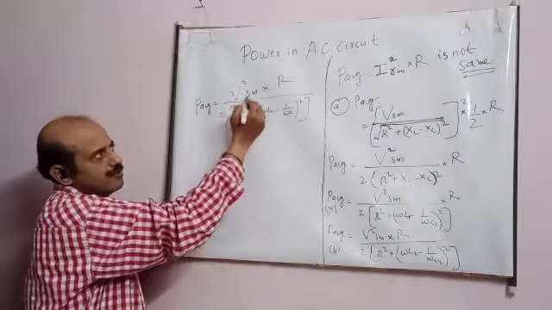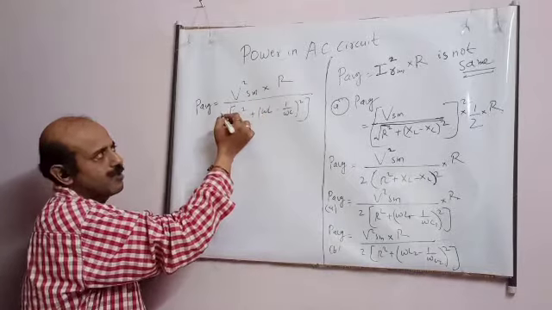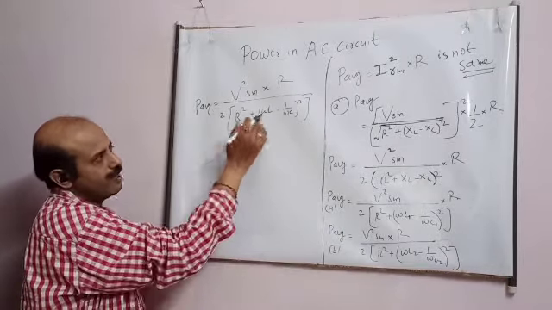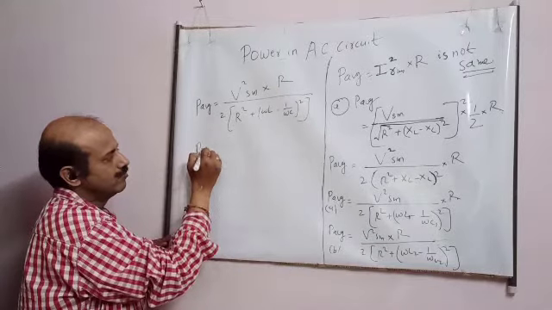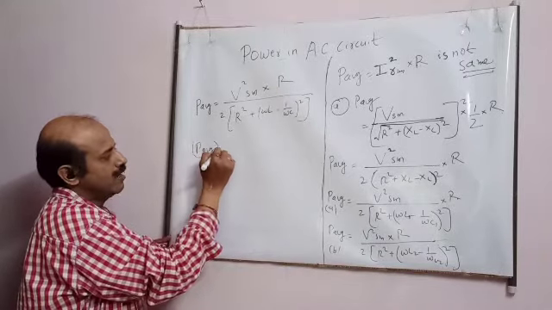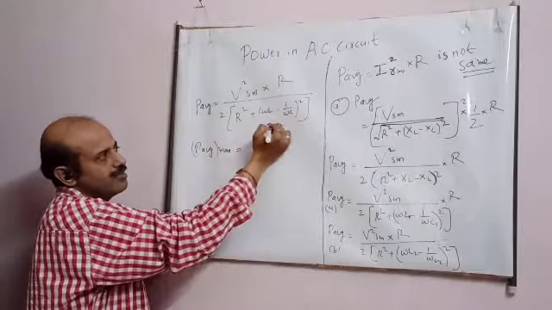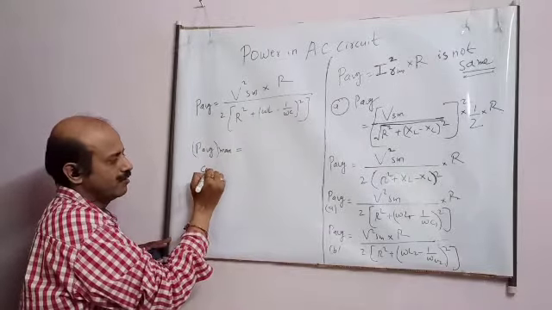Now student, this V, this is maximum voltage square. This can be written as, okay, first let me find the maximum value. Maximum. This will become maximum only when this factor is 0. That is condition.